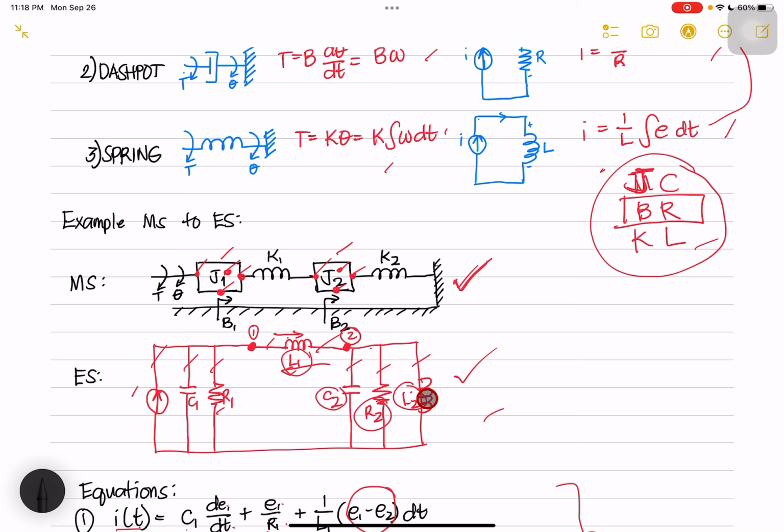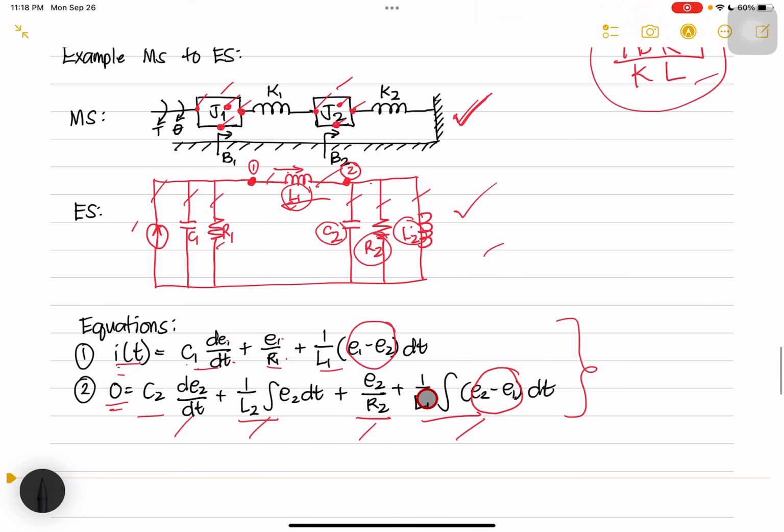Okay, so let's get the equation of the converted electrical system. For the equation, this time we have a current source, so I(t) is equal to C1 dE1 over dt. It is very important to indicate the subscript so you know which current or voltage node or loop it comes from.